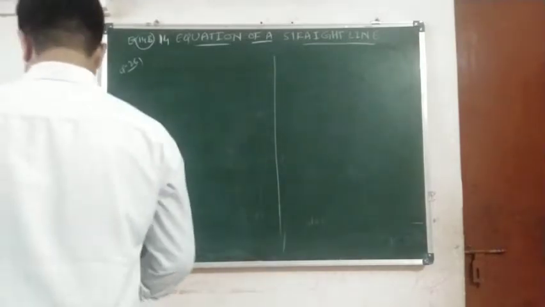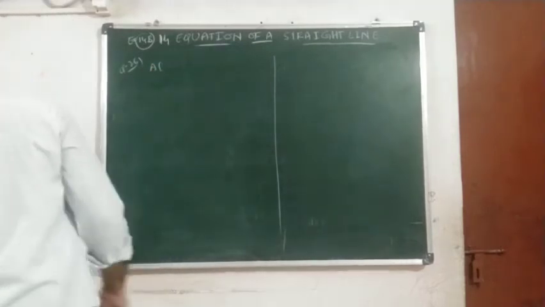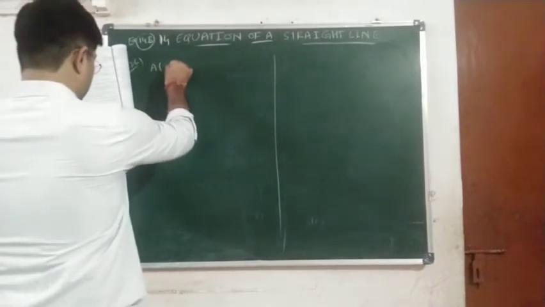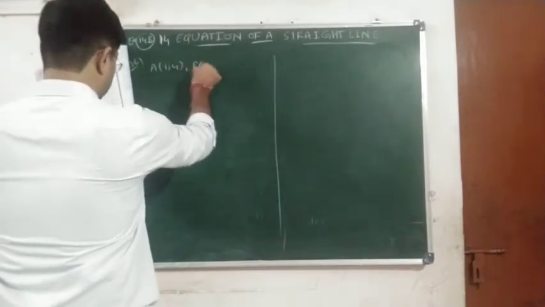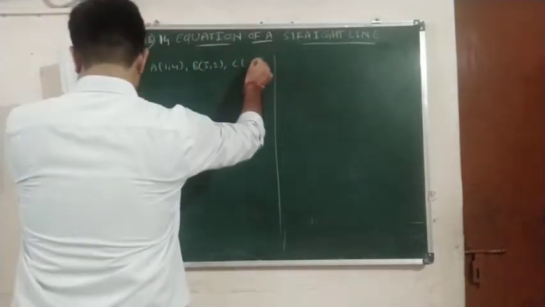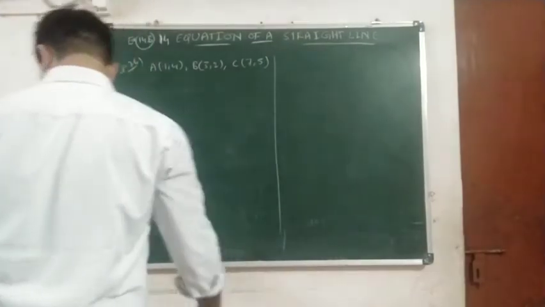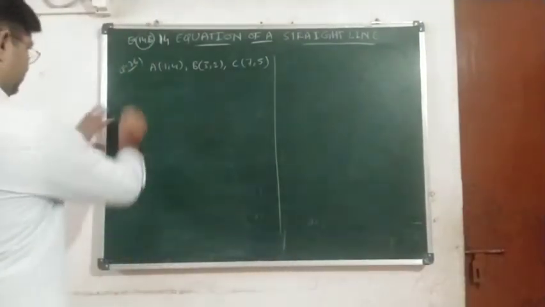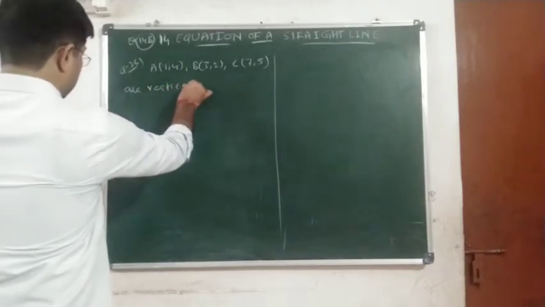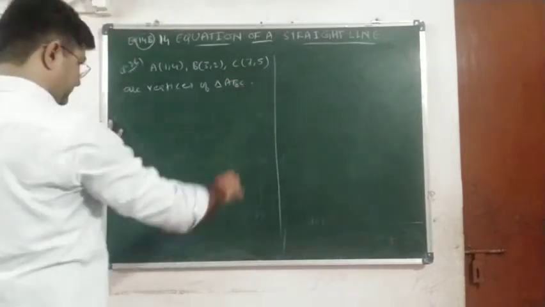Coordinates of vertices of triangle ABC are given: A (1, 4), B (3, 2) and C (7, 5).